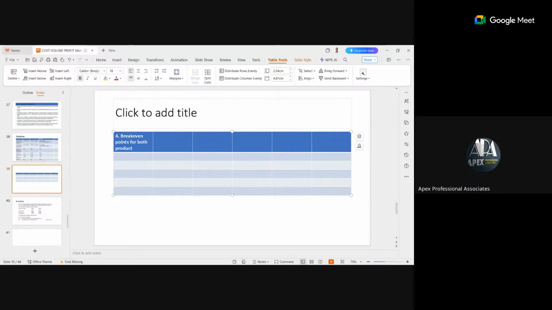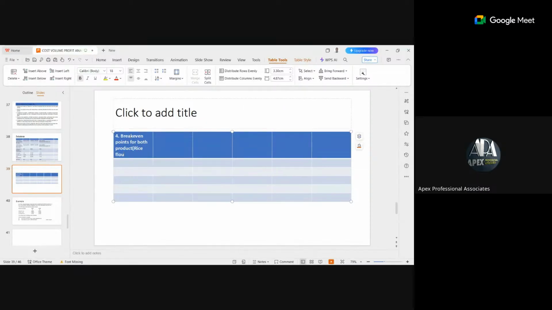What are those both products? Rice flour and beans flour.